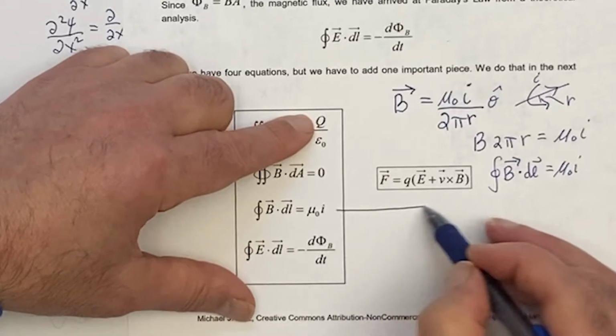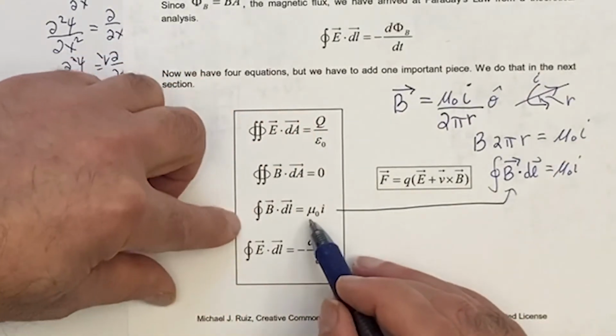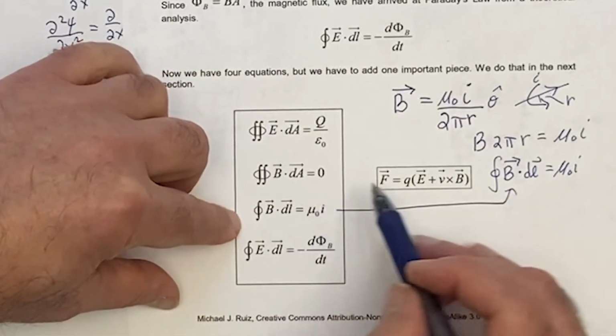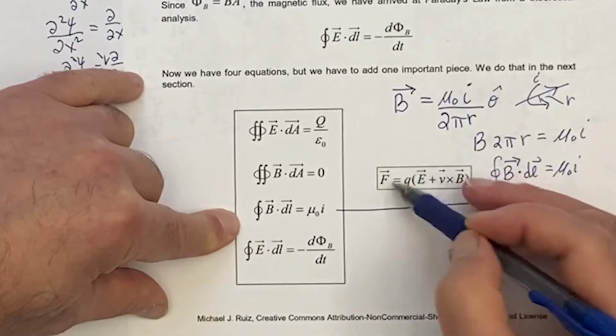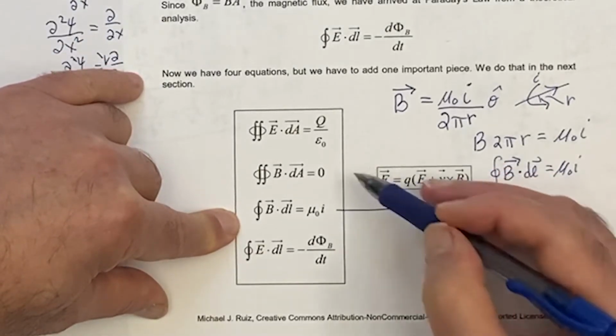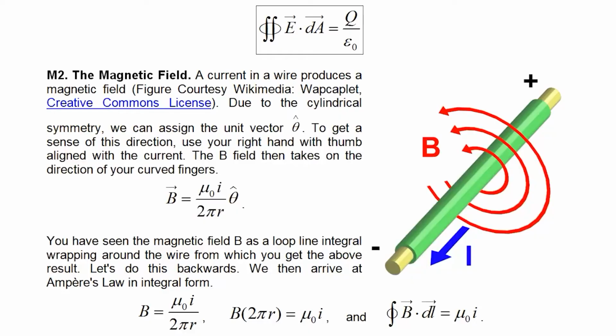So that's the form we want over here for a Maxwell equation. And this is called the Lorentz force, of Lorentz transformation fame, where you have both fields present. And this is what we have so far.